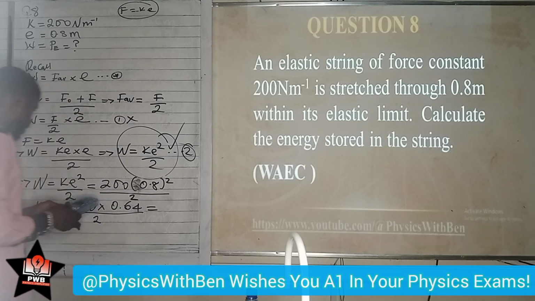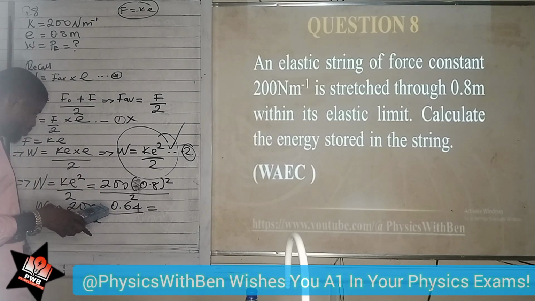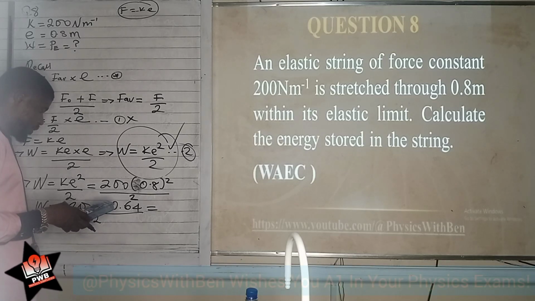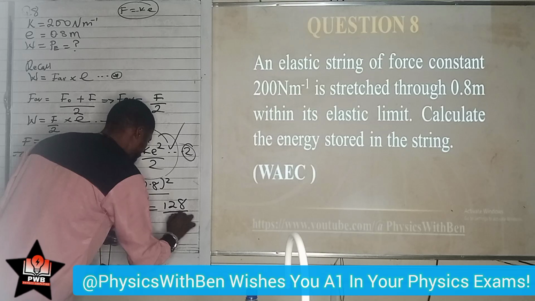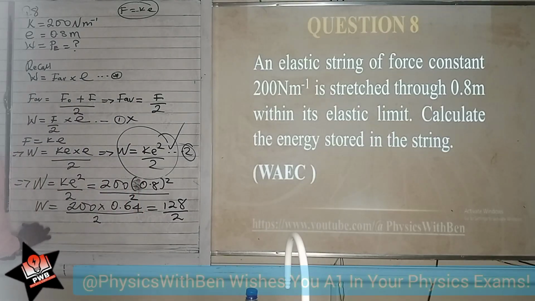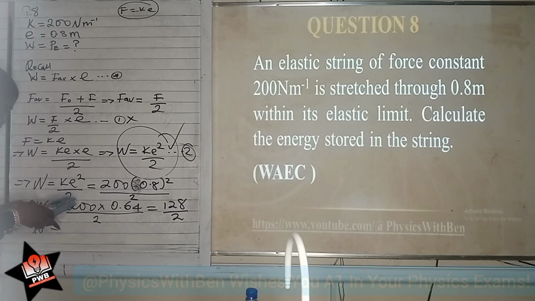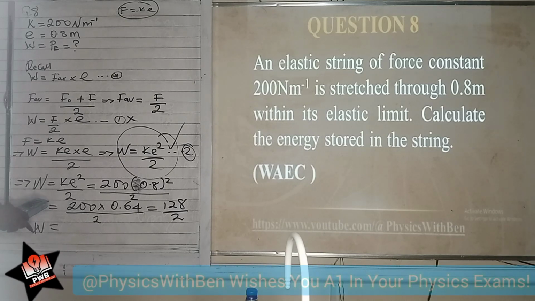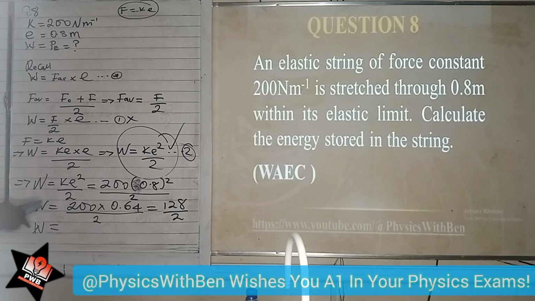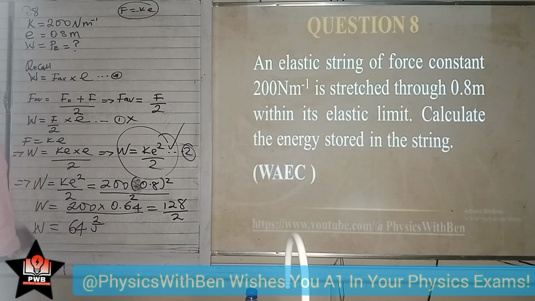If you evaluate correctly, you have 200 times 0.64, that will give you 128, divided by 2. So W is equal to 128 divided by 2, and that will give you 64 joules.